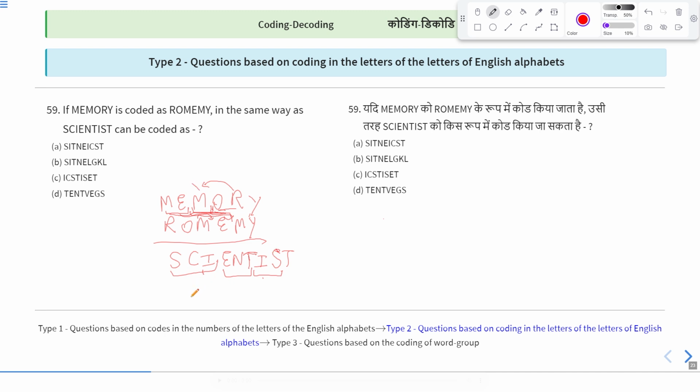this will become SI, this SIT, move back and reverse. SIT, then NEI, then ST, CST, yeah.